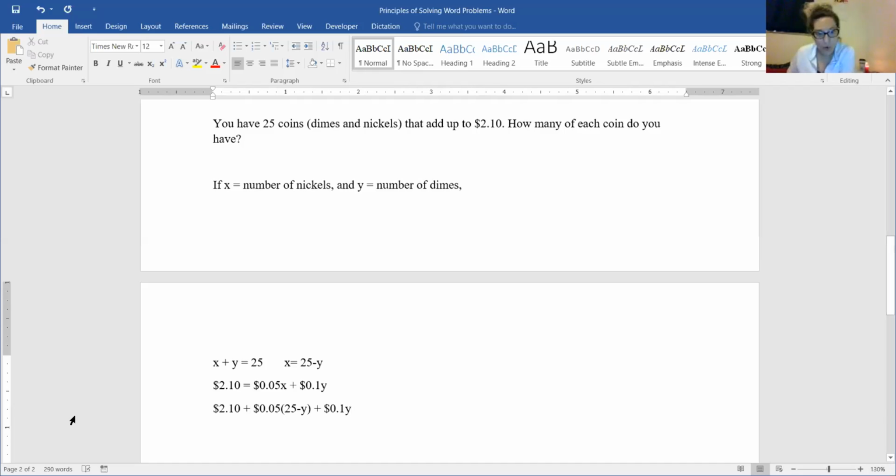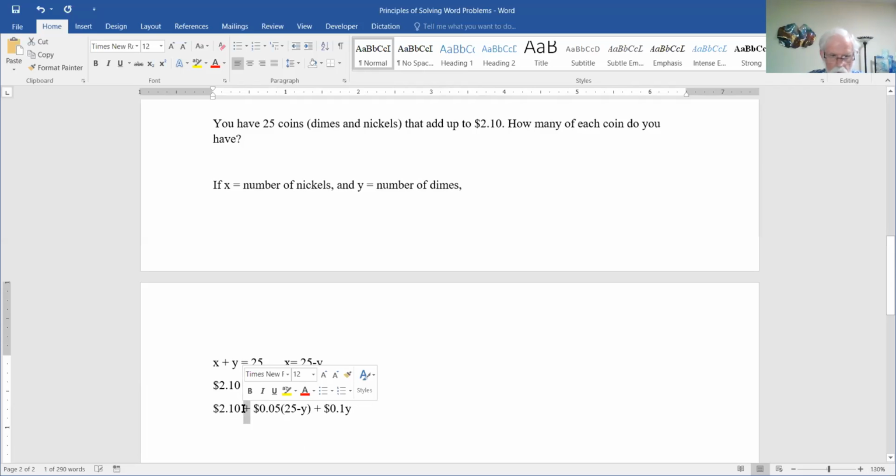Is it 0.1? Okay. So all we have done is replace x with 25 minus y. Now we have an equation. Oh, that shouldn't be a plus, that should be an equals.